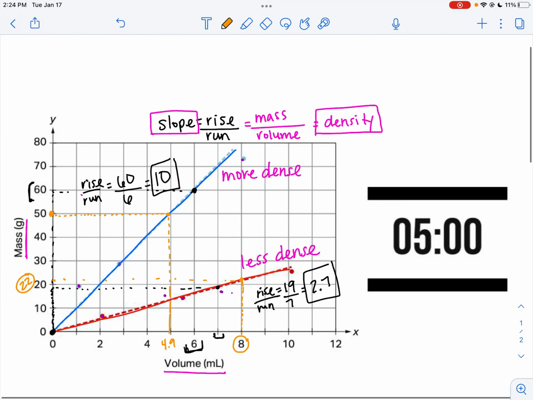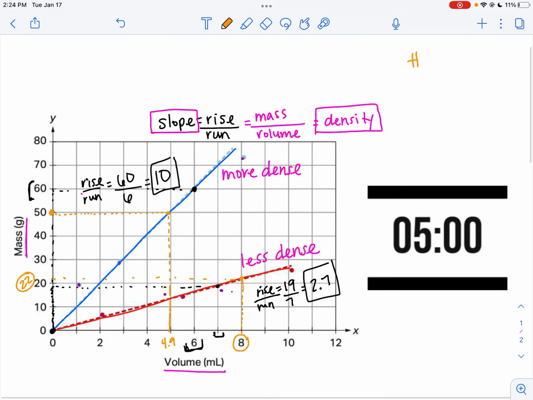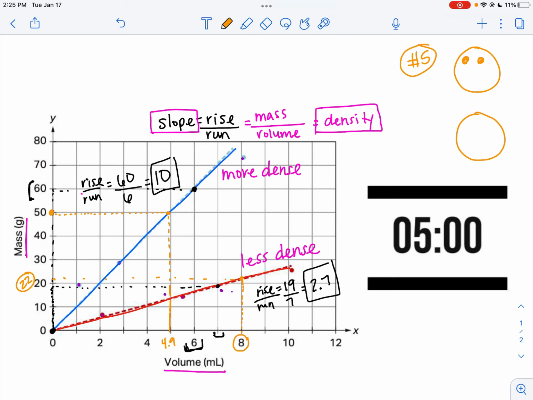Question number 5 gives us a picture. It gives us 2 different particle drawings. It shows us 2 circles. One of the drawings has a lot of particles. One of our drawings only has, I think, 5 particles.